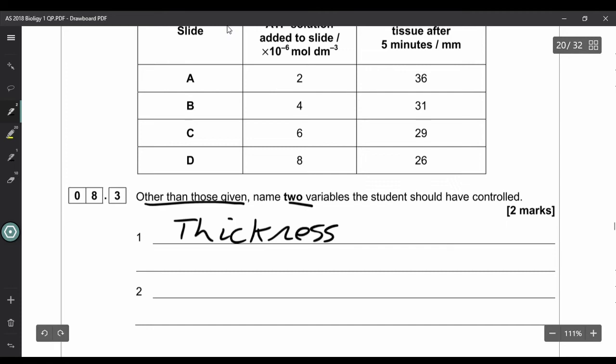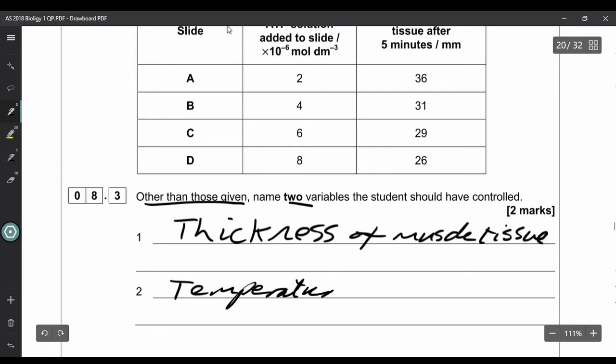Now whenever you've got a term like this, you've got to qualify by what it is that you are controlling. So in this case, it might be the thickness of muscle tissue. You could also say the temperature of the muscle tissue.